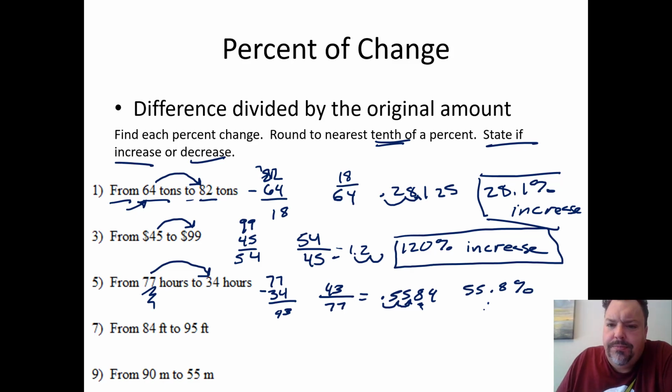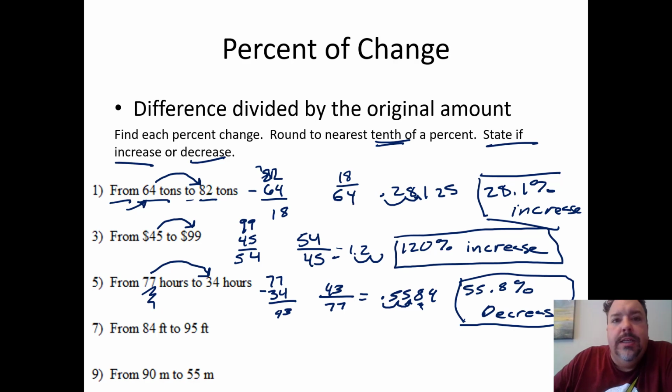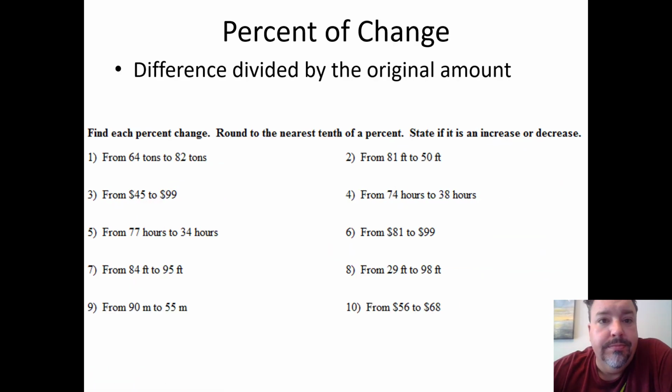So this would be a 55.8% decrease. And that would be our final answer. So that's how you find percent of change. Again, you take the difference divided by the original.